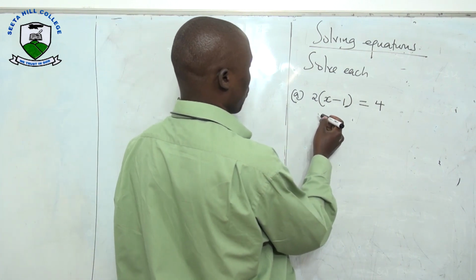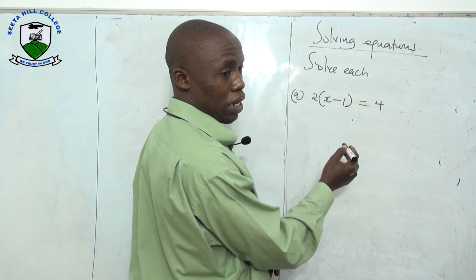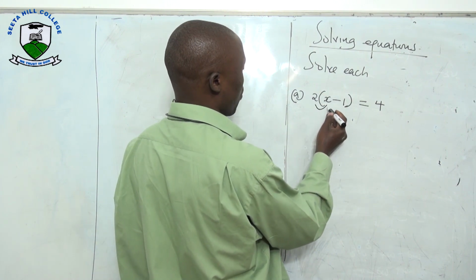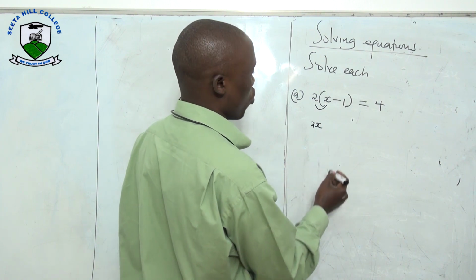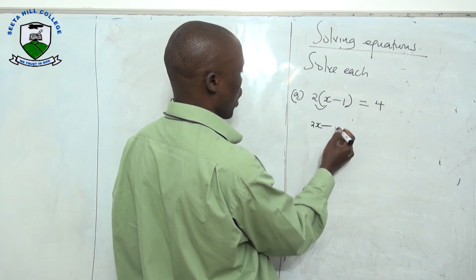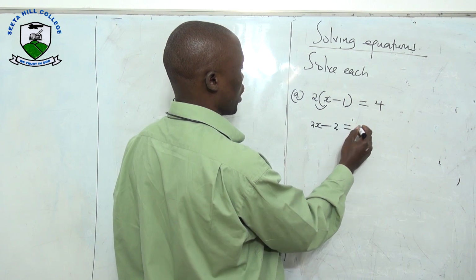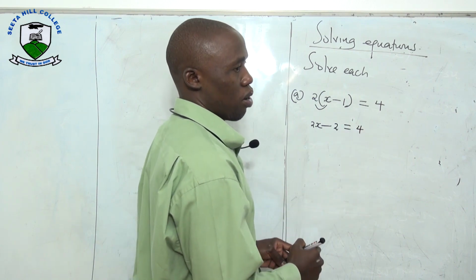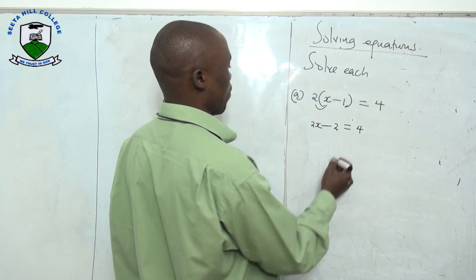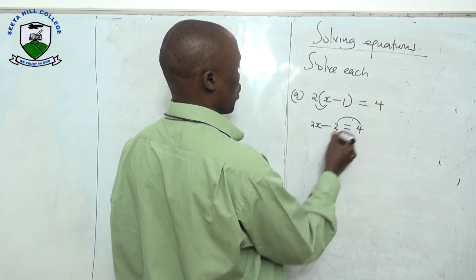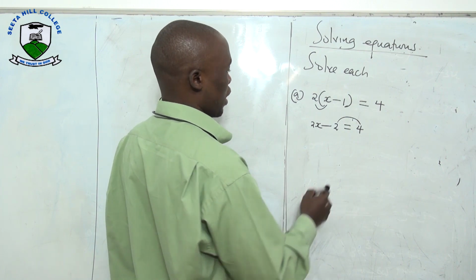Now, here we have to first expand, not so? That gives us 2 times x, which is 2x, minus 2 times 1, 2, equals 4. We collect like terms, or we take numbers on one side.